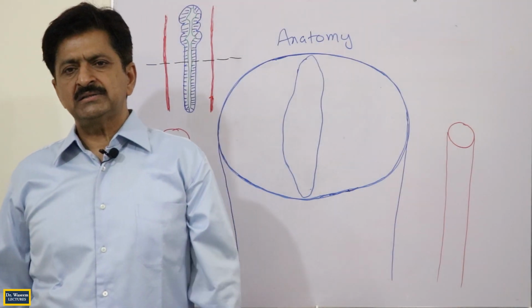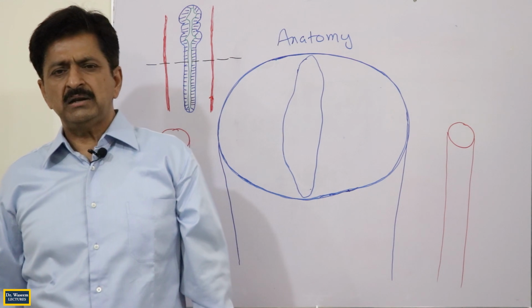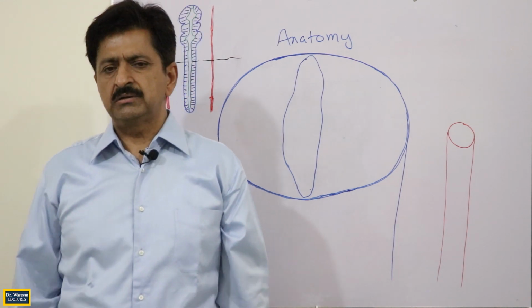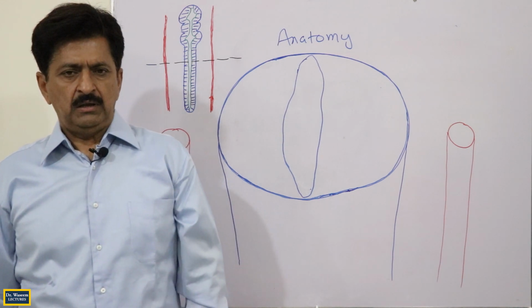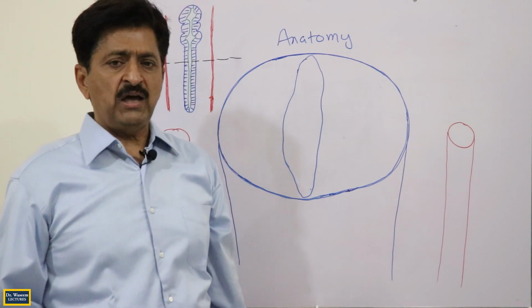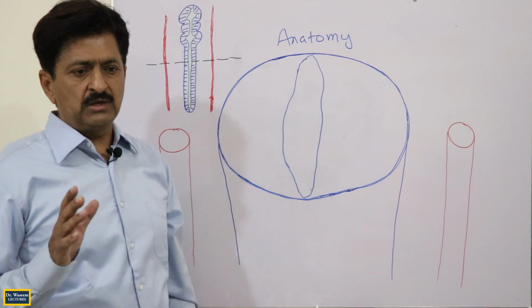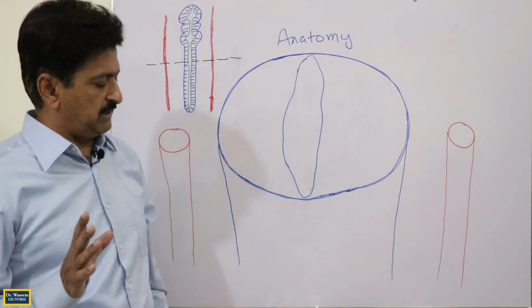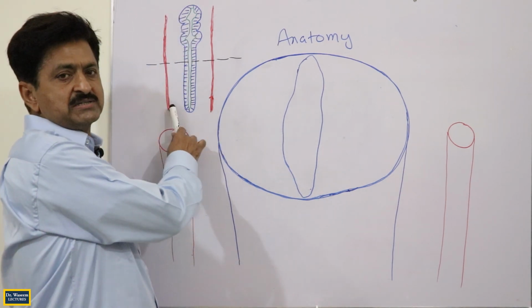In the last class, we were discussing the early development and introduction to the central nervous system and the peripheral nervous system. We have already told you that the entire nervous system in the human being, or in any vertebrate, develops from these three elements.